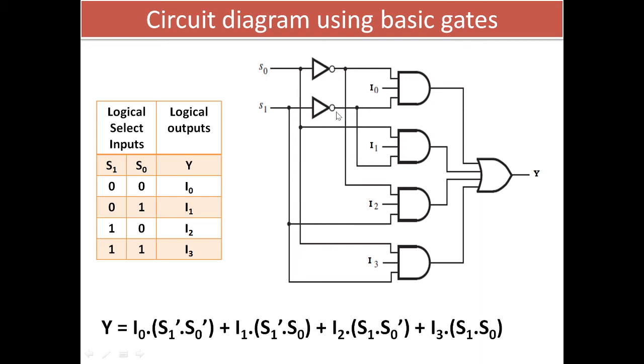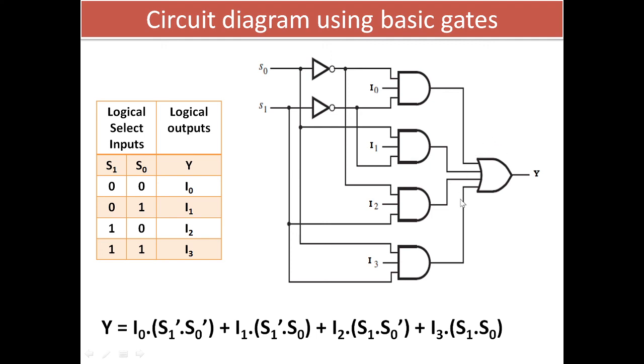Now, depending on the first term, I0 S1 bar S0 bar, we will require a 3-input AND gate. In this 3-input AND gate, one input is S0 bar, another is S1 bar, and another input is I0. Similarly, the other product terms are also implemented using AND gates, and the outputs of all the AND gates are ORed together.